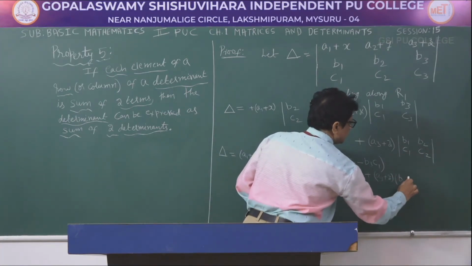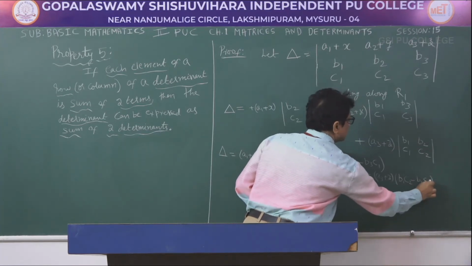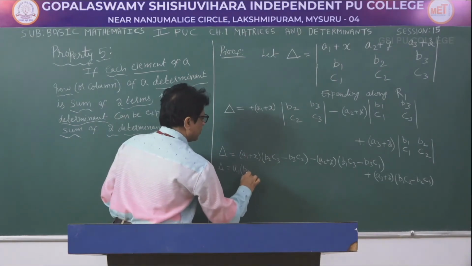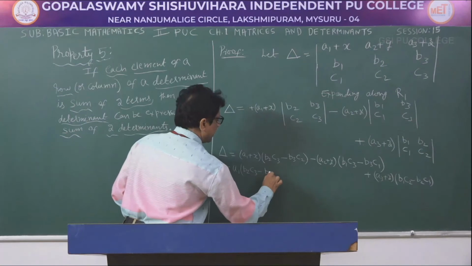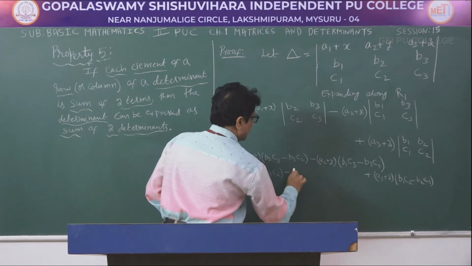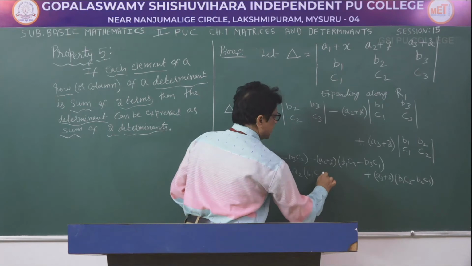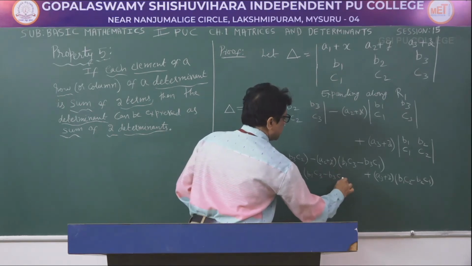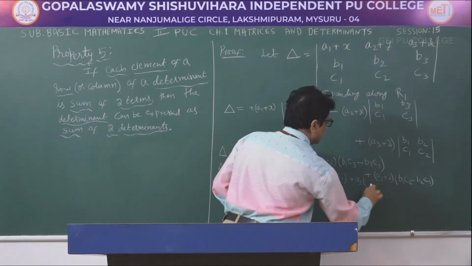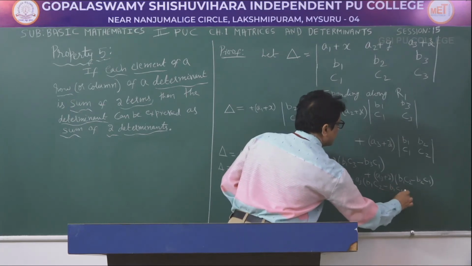That is, a1 into b2 c3 minus b3 c2, minus a2 into b1 c3 minus b3 c1, plus a3 into b1 c2 minus b2 c1.